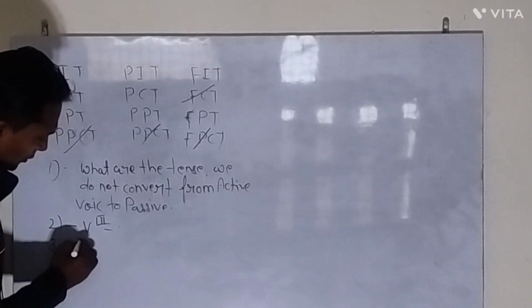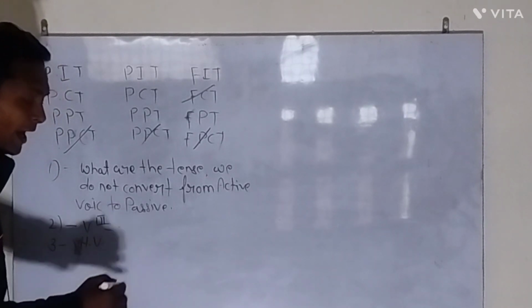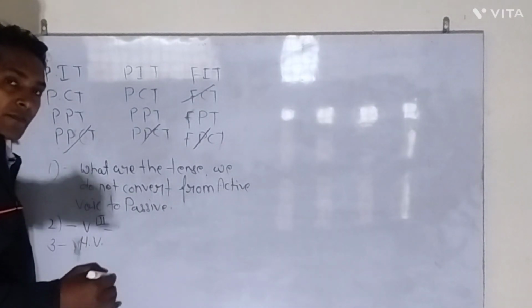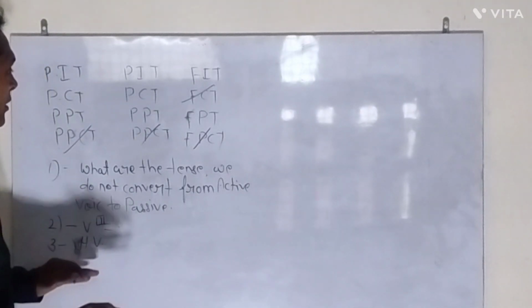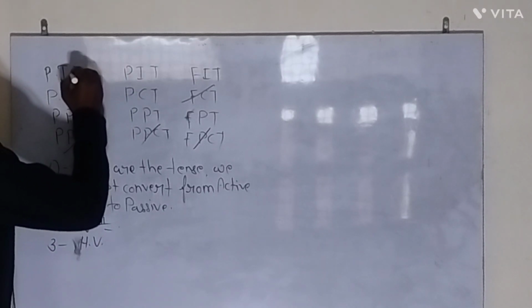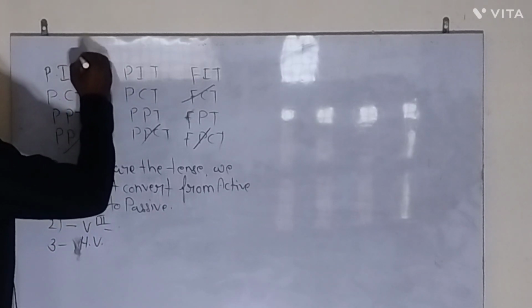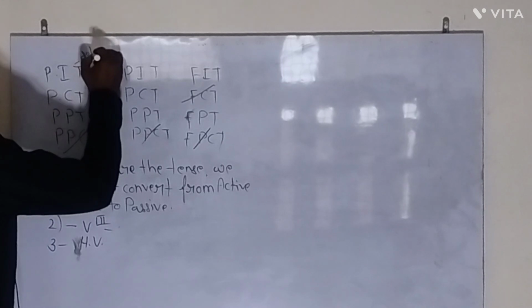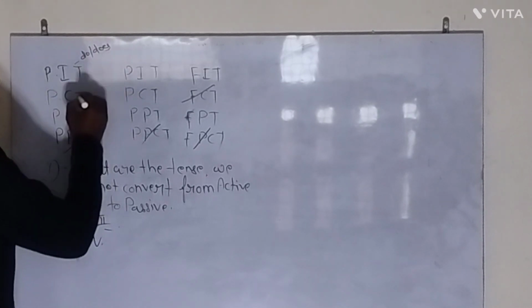Third condition is the helping verb. Which helping verbs do we have to use when we change from active voice to passive voice? The helping verbs of present indefinite tense are do and does.